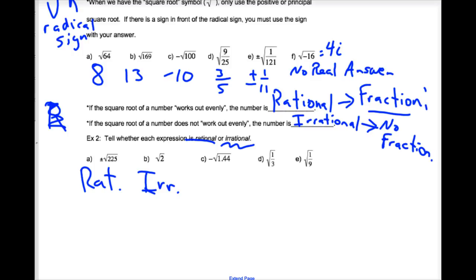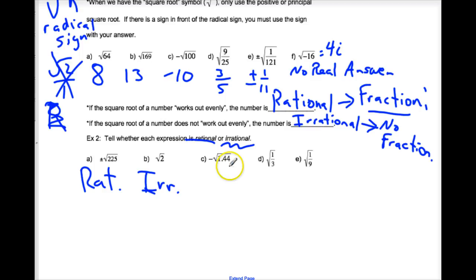Some kids say square root of 2 over 1, but that's not an integer over an integer. 2 is an integer, but the square root of 2 is not. So it's irrational.